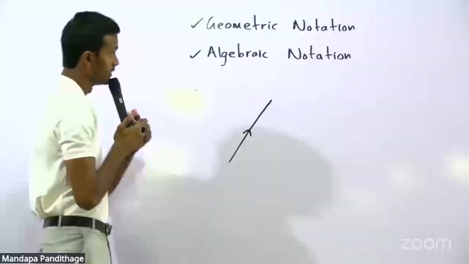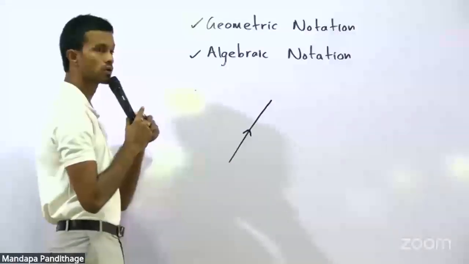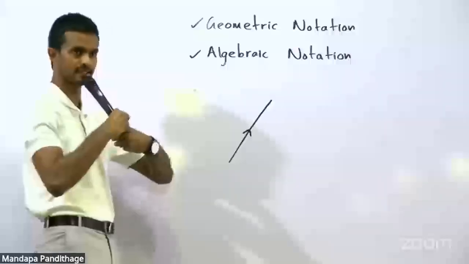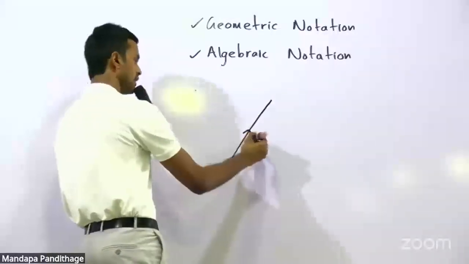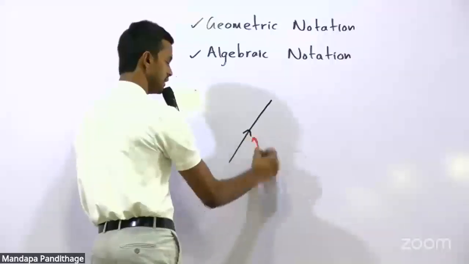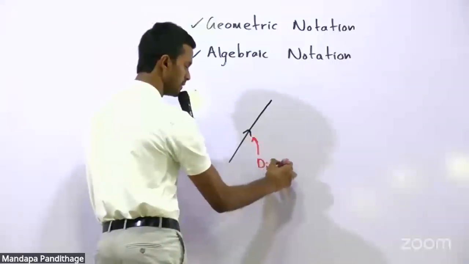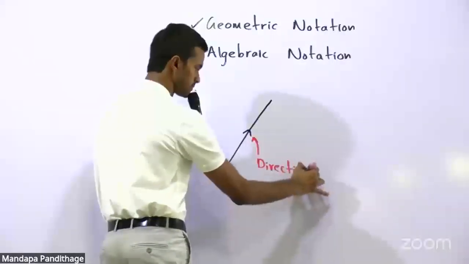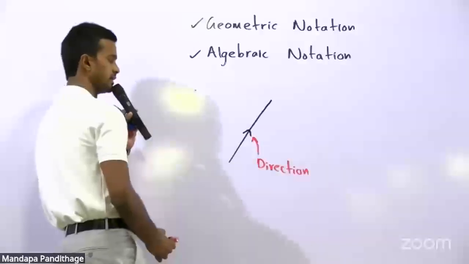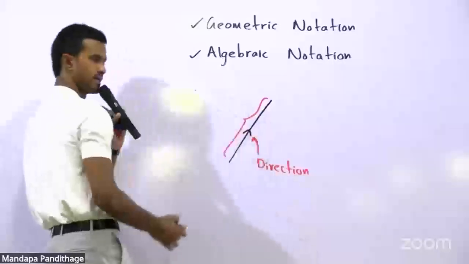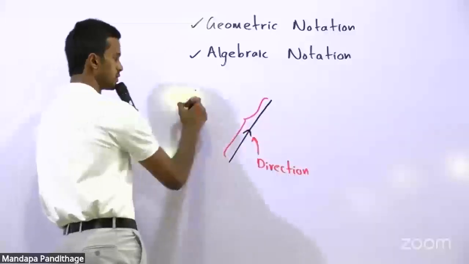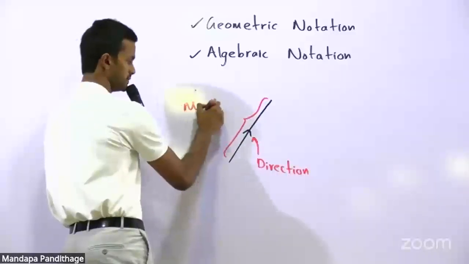I told you a vector consists of two components, a direction and the magnitude. So this single arrowhead denotes the direction of the vector, and the length of the line segment denotes the magnitude of the vector.